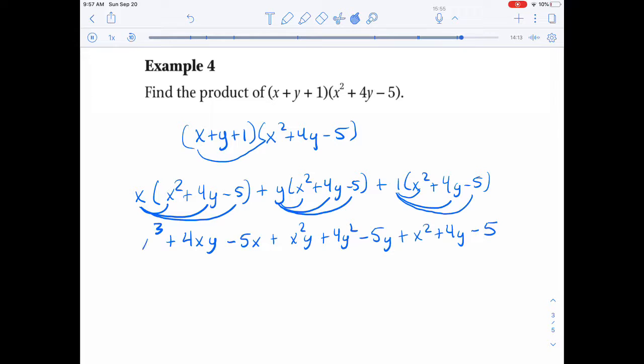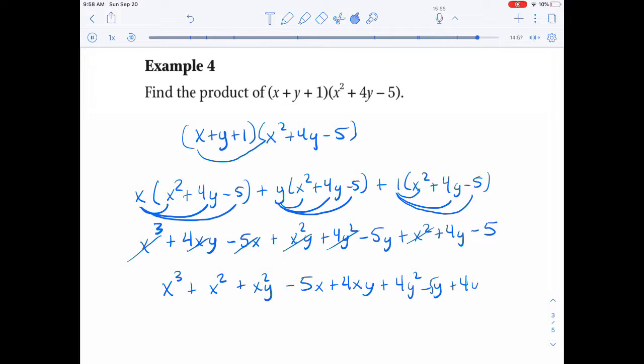So we would have our x cubed plus our x squared term plus our x squared y term minus 5x plus 4xy plus 4y squared, minus 5y plus 4y, and minus 5.